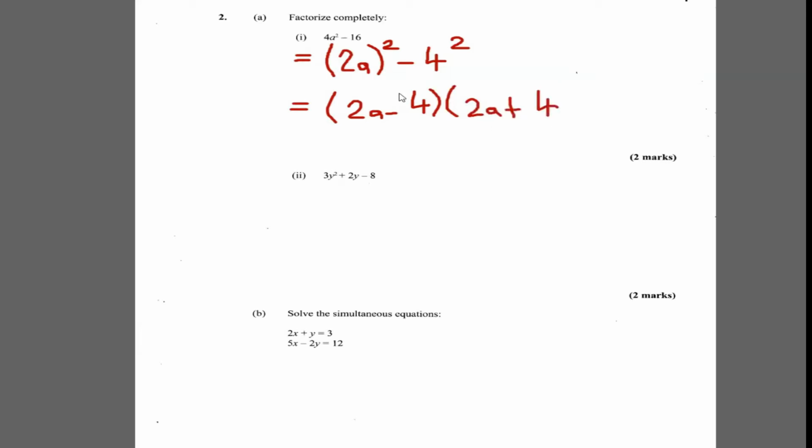Now it said factorize completely, so we're not finished. Now you have 2a right here, so you have 2a and you have 4, so you can factor out a 2 from right here to get 2 times a minus 2 multiplied by, you can factor out a 2 from this side to get 2 times a plus 2.